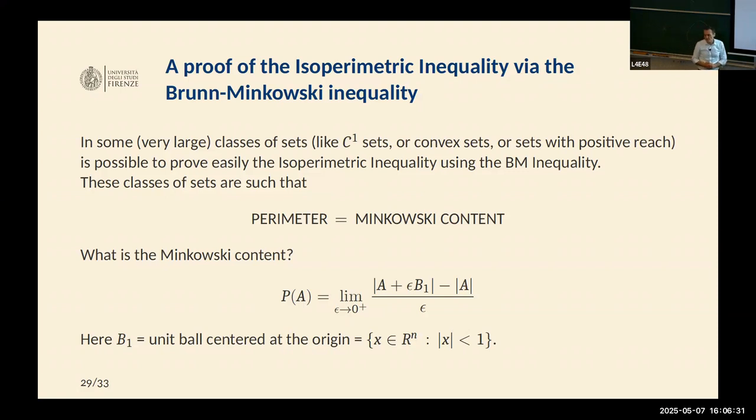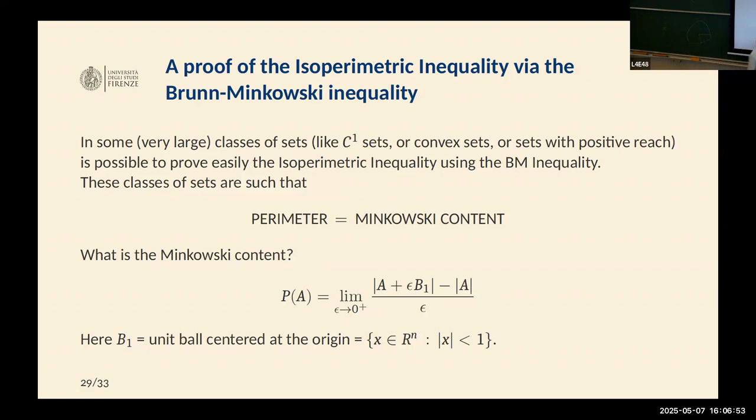My second question would be, the perimeter here is basically the first derivative of the set A with respect to that measure. What would happen if we take multiple derivatives? You get what are called mass integrals. You can expand this volume in epsilon up to epsilon n.